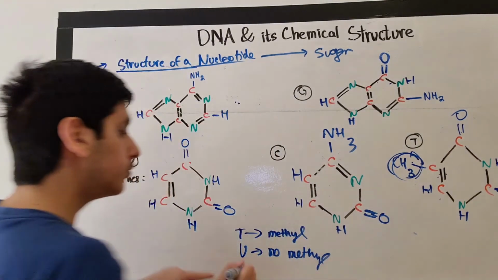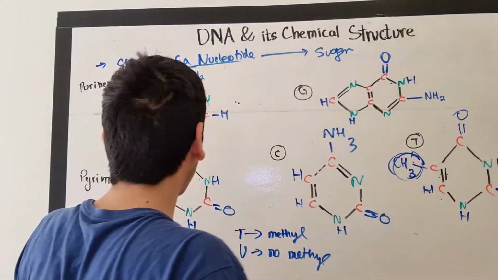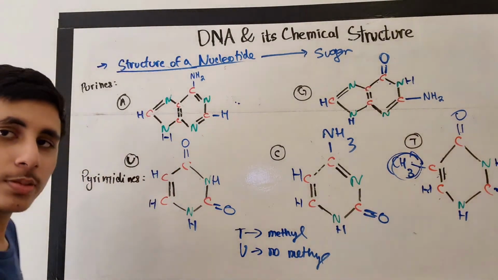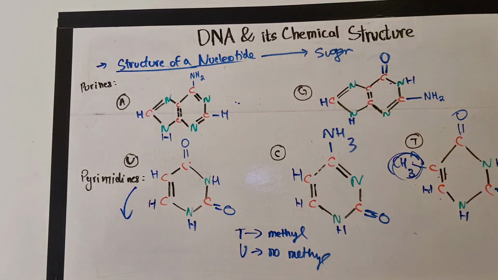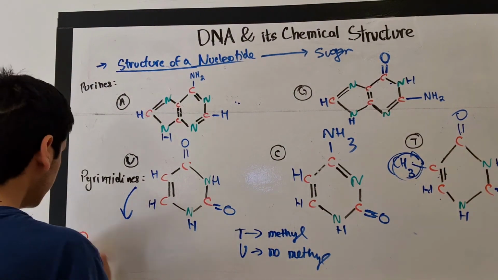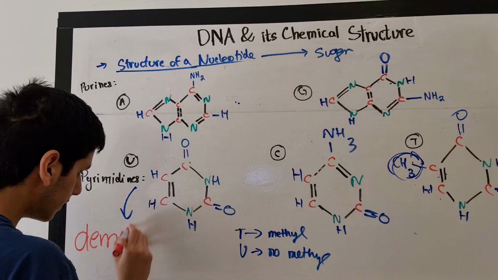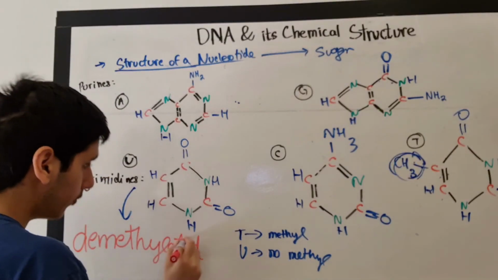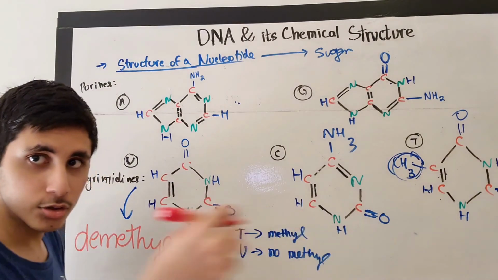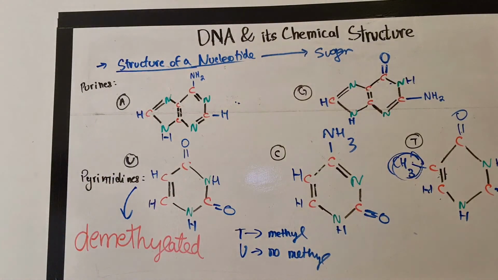So since uracil doesn't have a methyl group, uracil, the IUPAC name is, I'm going to use this red, demethylated, because there's no methyl, or it has been removed from thymine during the process of synthesizing uracil.